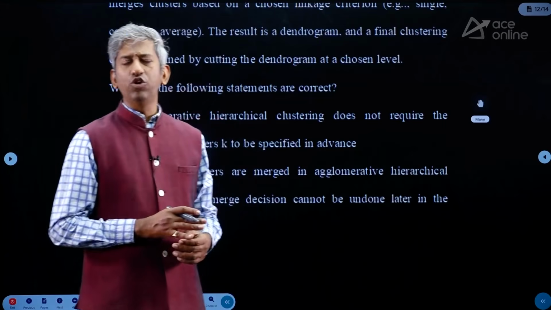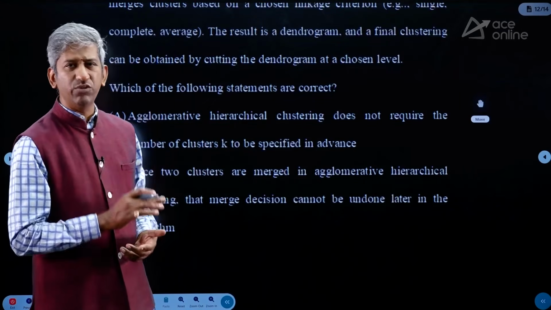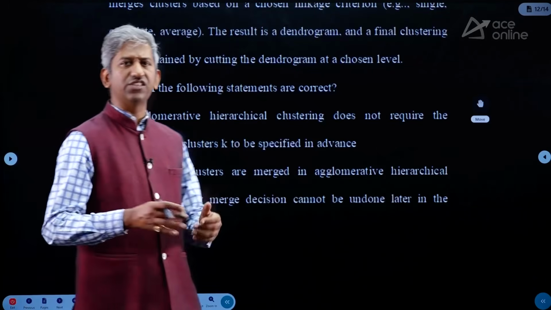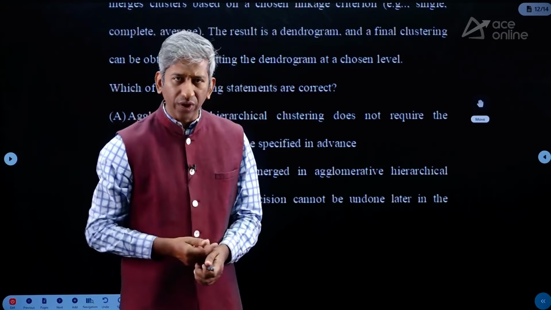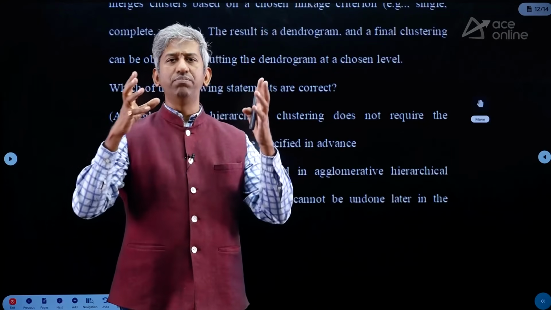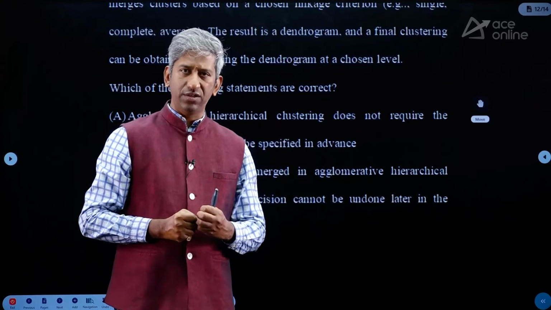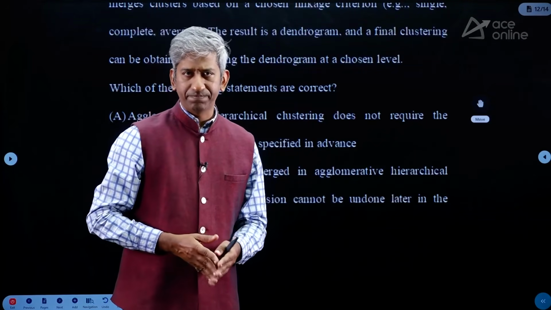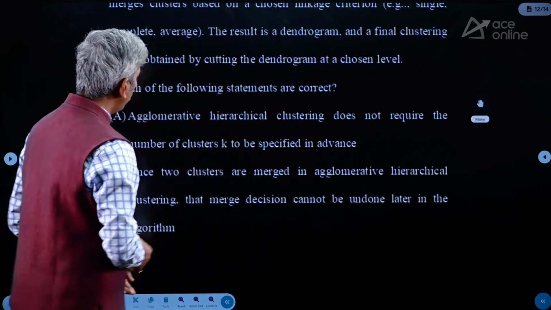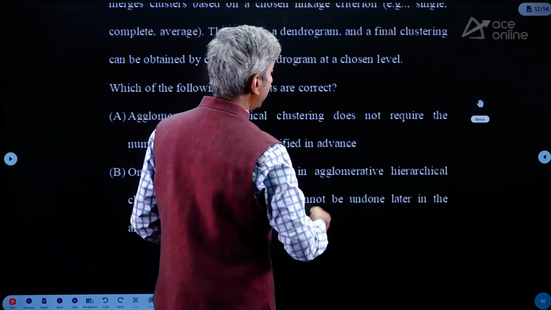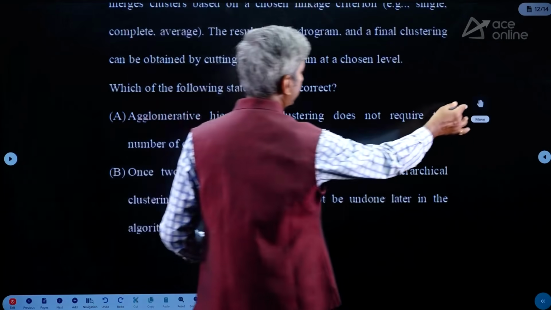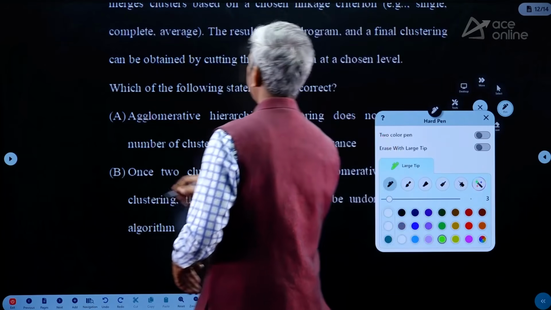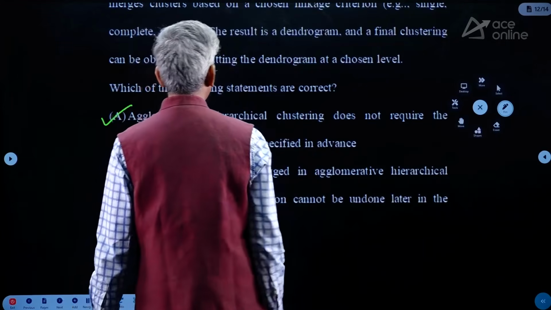In agglomerative as well as divisive approaches, k value need not be specified, and after constructing the dendrogram we can cut at the desired level, and based on that we will consider the clusters. This is the fundamental difference between the two methods. So agglomerative hierarchical clustering does not require the number of clusters a priori, which is a true statement. Option A is a correct statement.